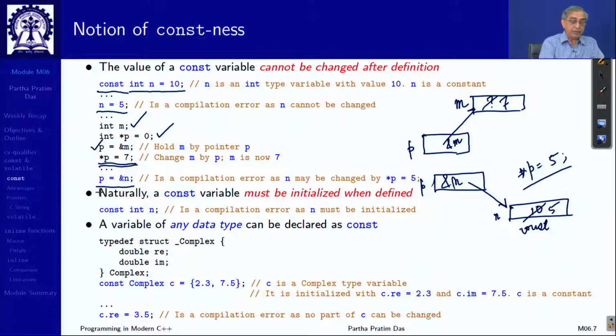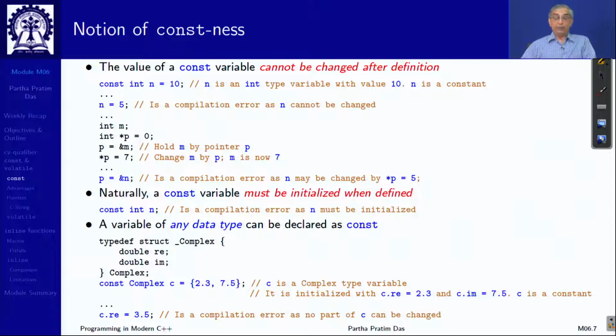So, I cannot do this. So, I say that while p is a pointer to an integer, ampersand n, the address of n, is actually a pointer to a constant integer. That is a different concept. So, being a pointer to an integer and being a pointer to a constant integer are different, right. So, we will see little more of that soon.